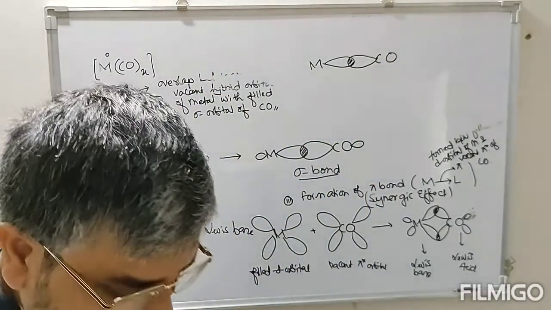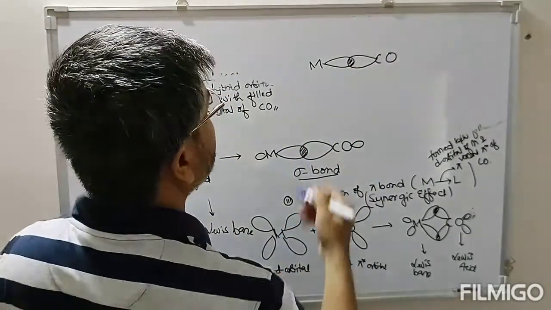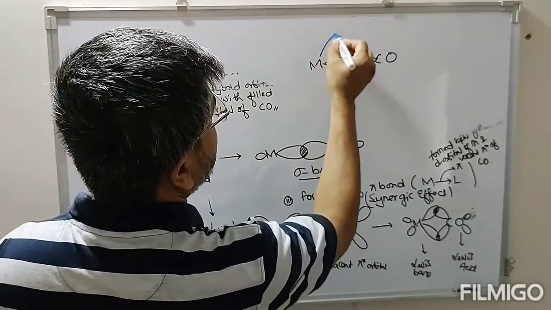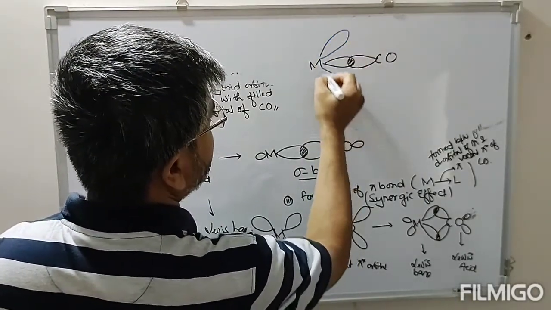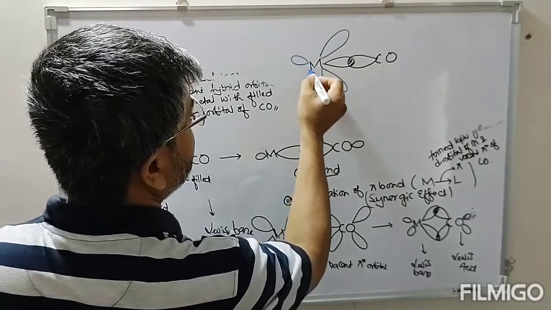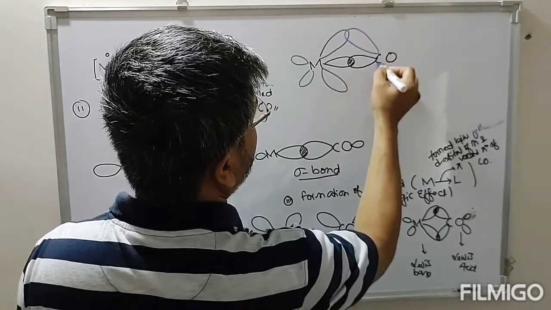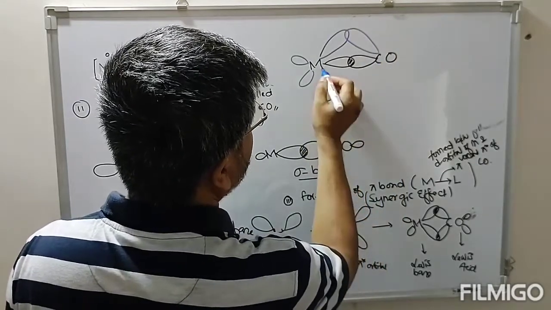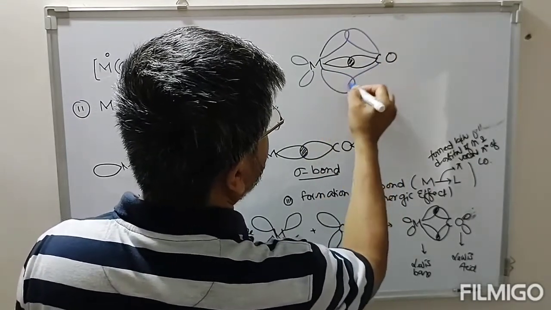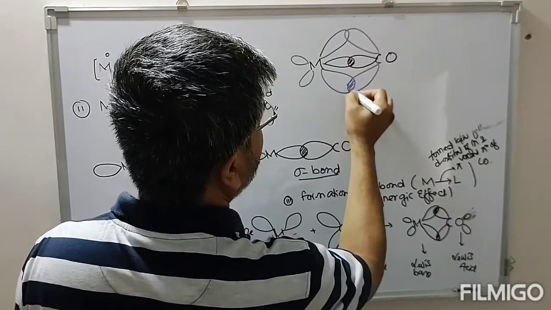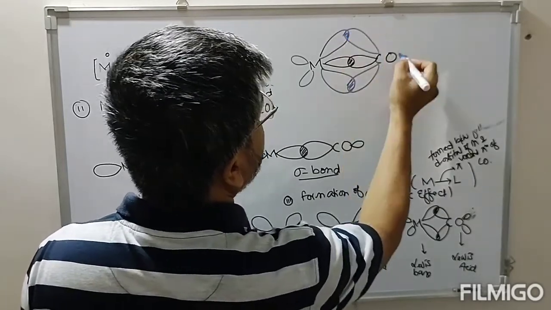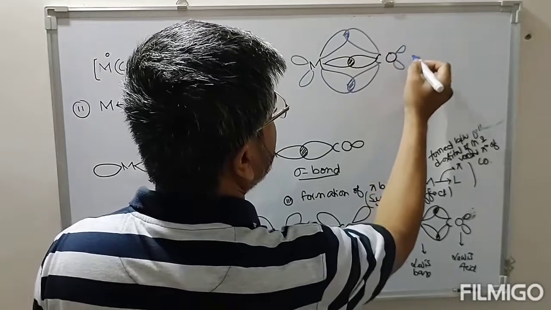After this, the filled orbital of the metal and the vacant pi orbital of the ligand again overlap, giving you the pi bond.